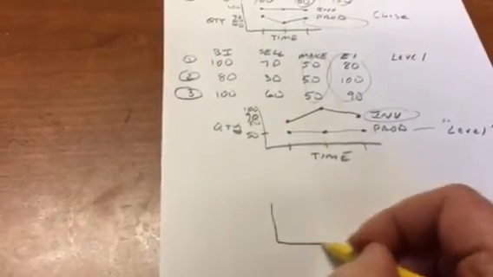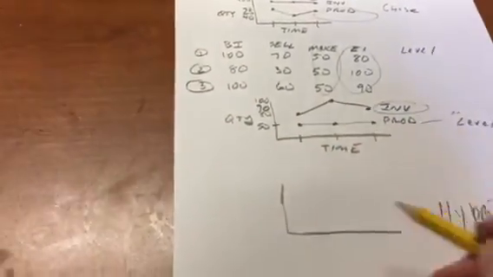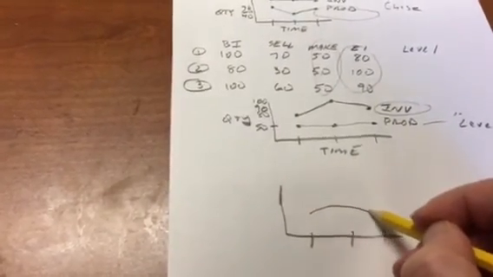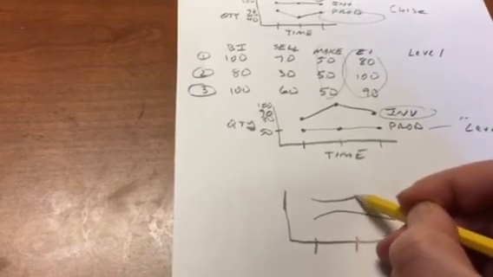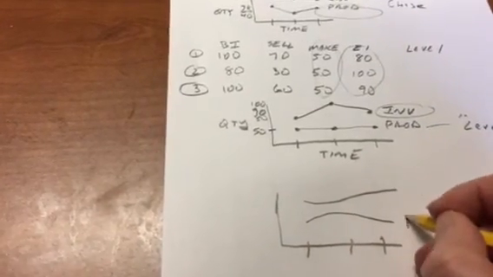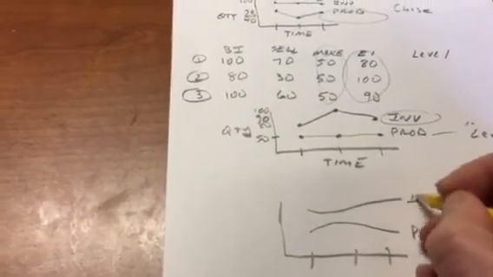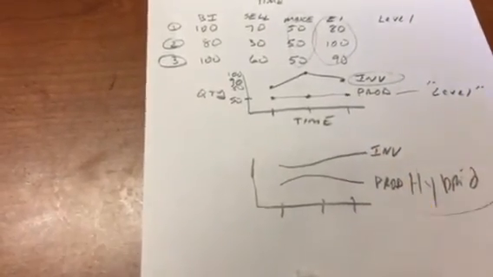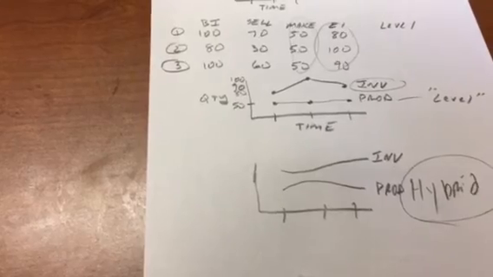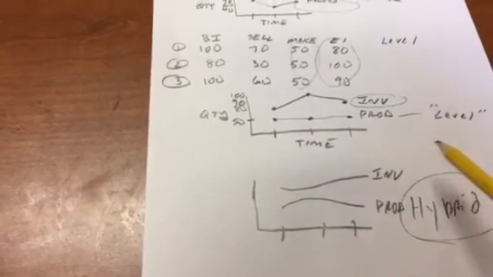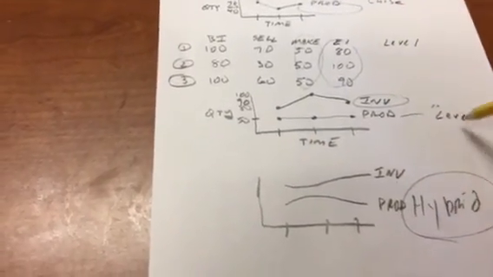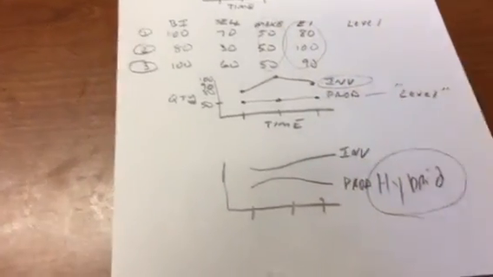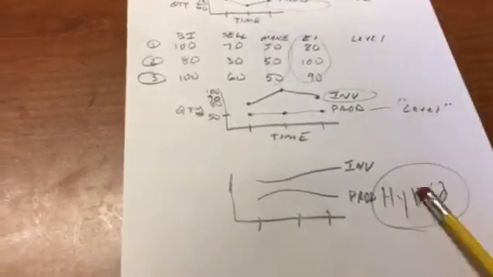This isn't super scientific here, but if it looks something like that, if one of these is production and one's inventory, anytime one of those isn't straight, we have a hybrid schedule. If one of those is straight, we're either going to have a chase schedule or a level schedule. If they're both curly, not straight, wiggly, you pick the term, it's a hybrid schedule.